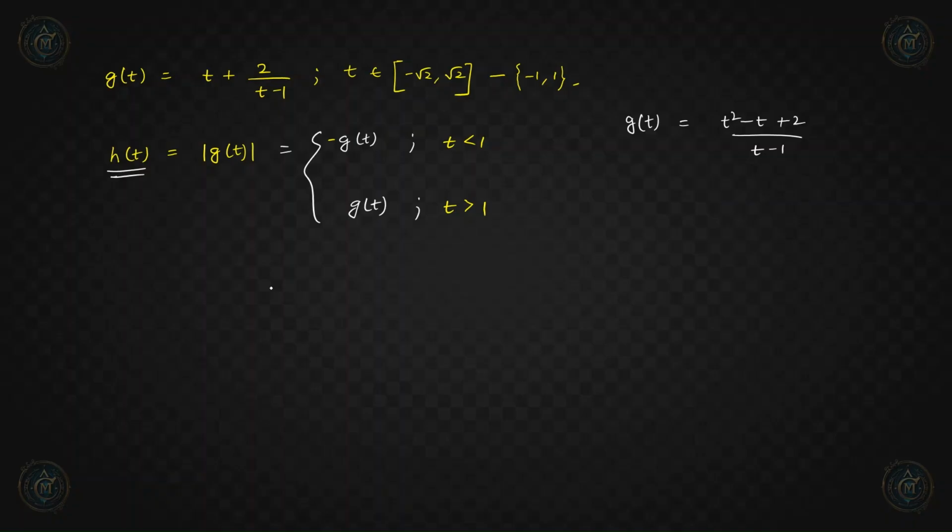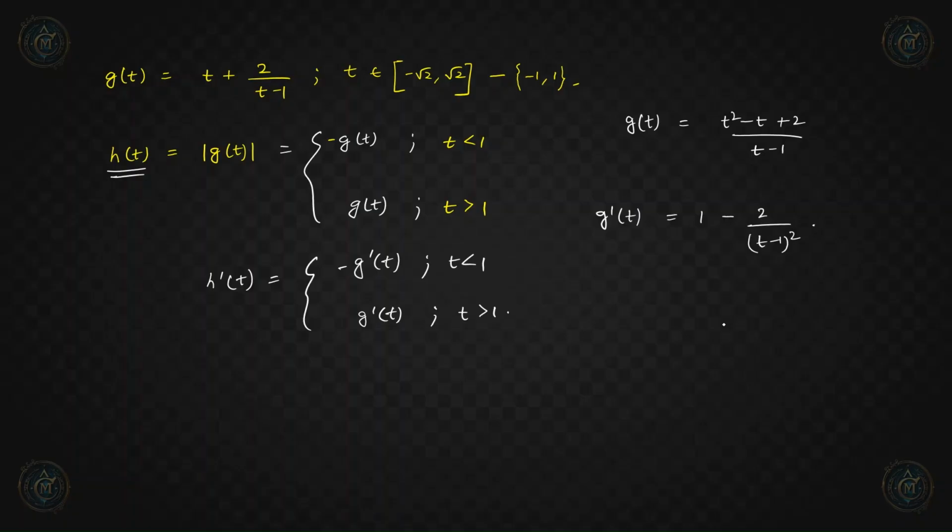So let us find the minimum value of this function h of t. Okay. So h dash t, if we try to find, it will be minus g dash t if t less than 1, and g dash of t if t is greater than 1. So g dash t will be what? G dash t, if we calculate, it will be 1 minus 2 divided by t minus 1 whole square, right?